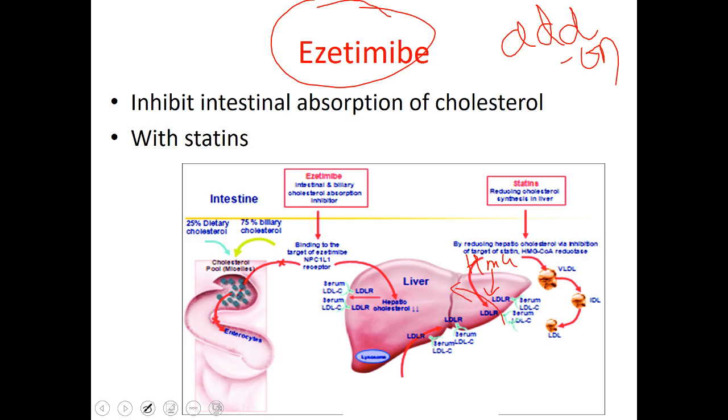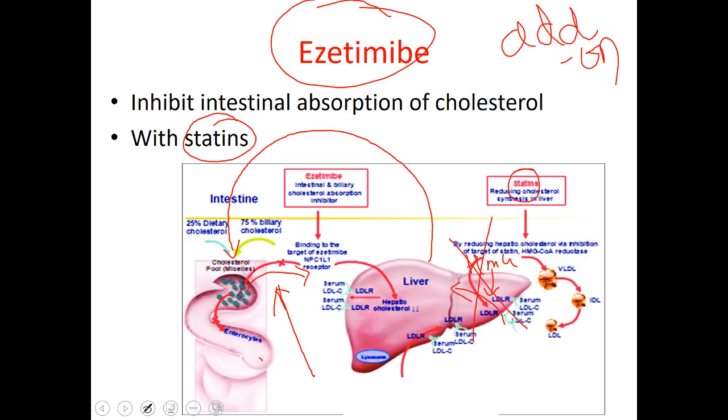Now, after a few months of use of statins, what might happen is the body would develop an alternate mechanism or alternate escape of increasing the absorption of cholesterol from the diet. Because you have inhibited endogenous synthesis by using statins, the body would need more cholesterol. So initially it takes from LDL, but after a few months it would also increase the dietary absorption of cholesterol.